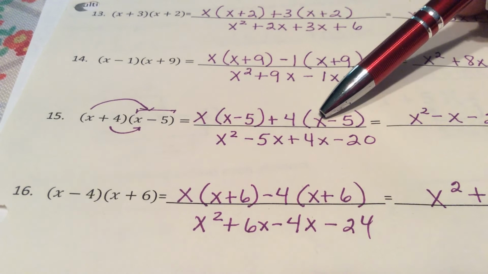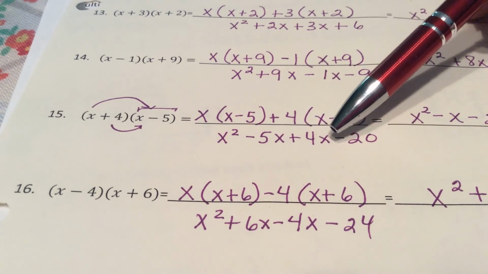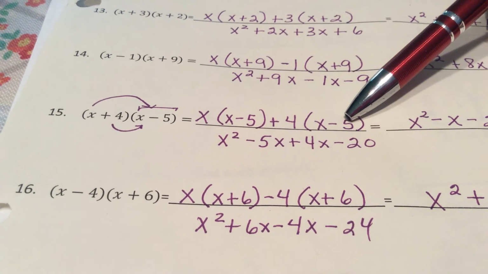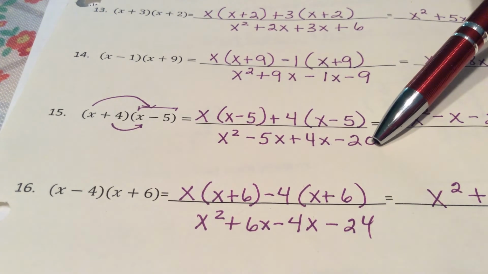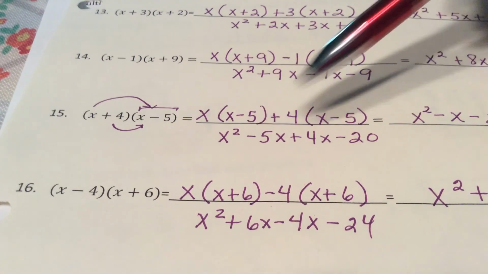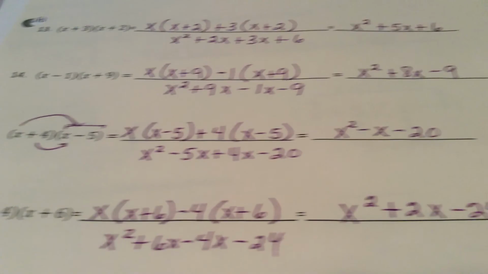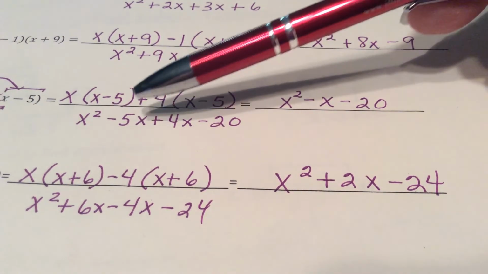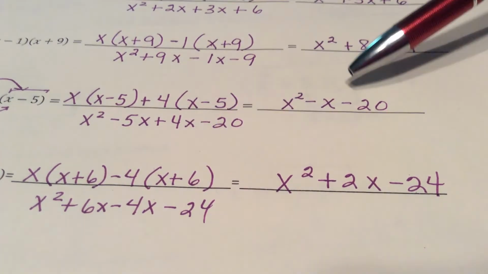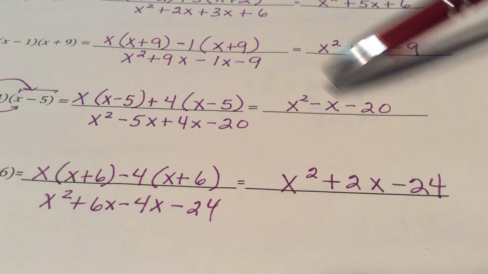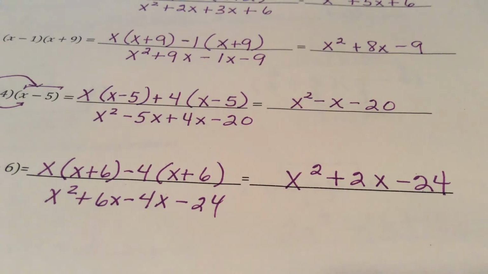Positive 4 times x is plus 4x. Positive 4 times negative 5 is negative 20. We're going to add our like terms here. So we get x squared, negative 5x plus 4x. Negative 5 plus 4 is a negative 1x, or just minus x, and minus 20.